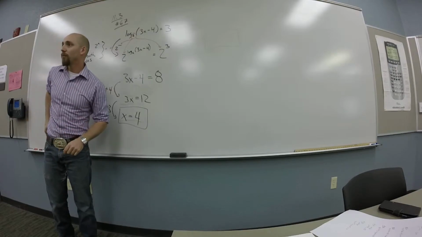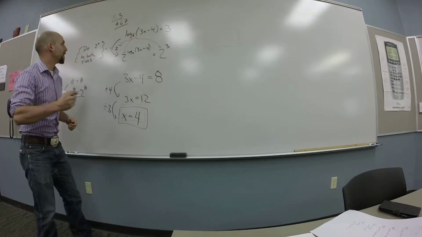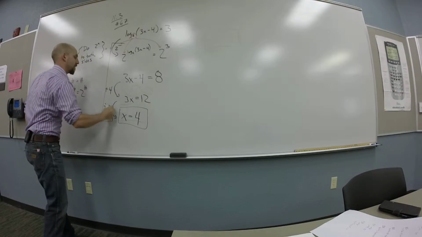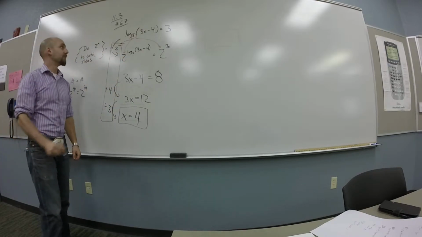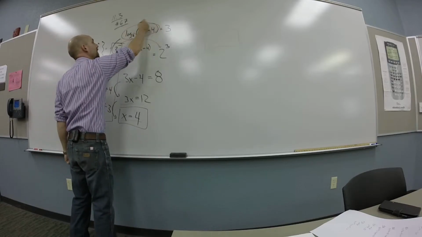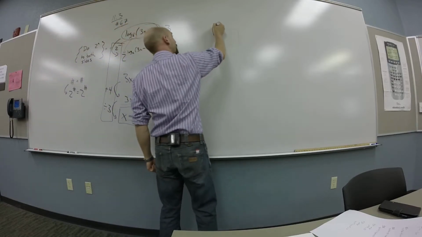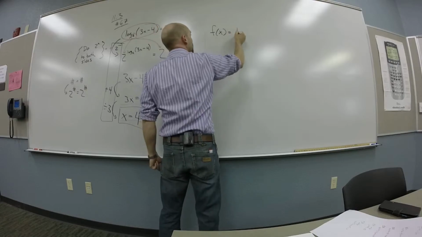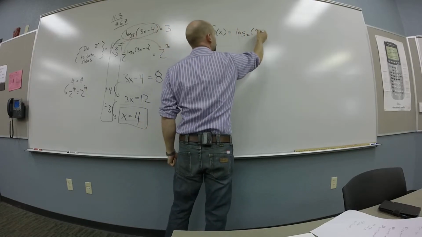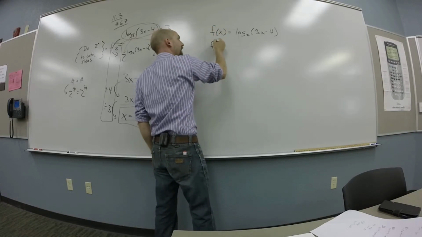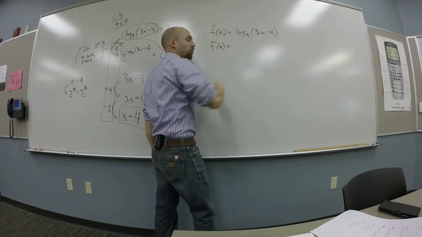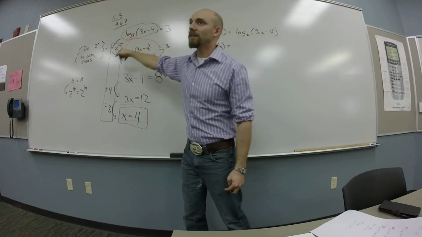You could notice in the process here that this stuff is the inverse of this function. So I found that if f of x is log base 2 of 3x minus 4, that f inverse of x is just written right down the side here.